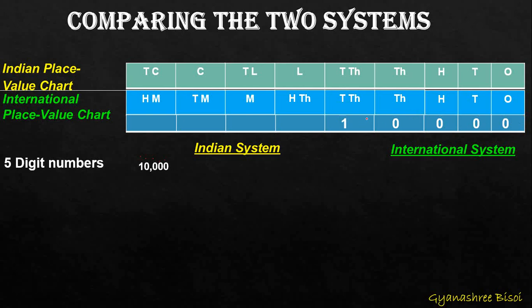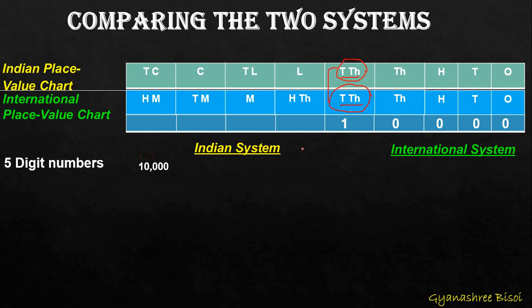See, now look at the place in the Indian place value chart and the place in the international place value chart. This is 10,000 and this is also 10,000. That means till 5 digits, the places in the Indian place value chart as well as the international place value chart are the same. They both are 10,000, right?